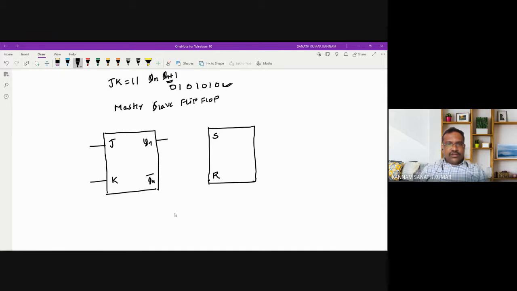The output of the JK flip flop is given as input to the SR flip flop. Let us consider the positive edge triggered clock. One clock is given through the inverter to the slave.